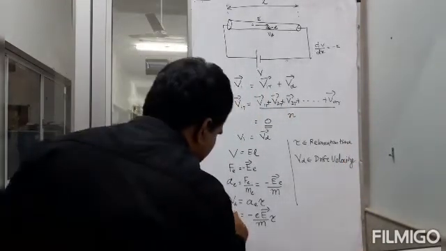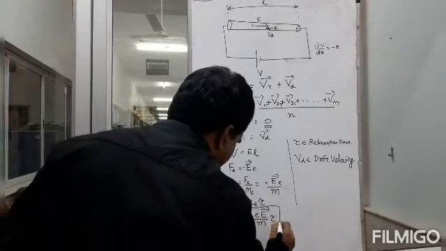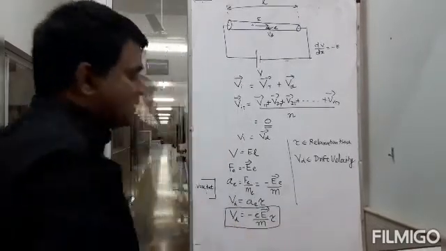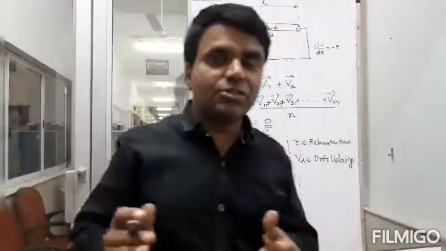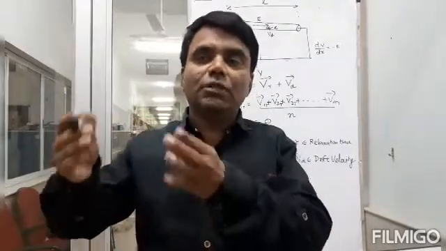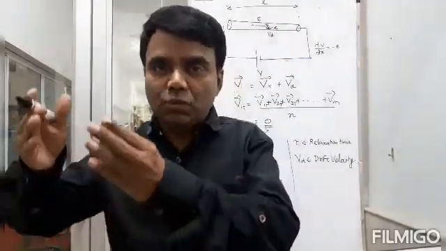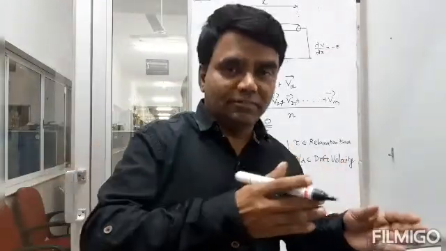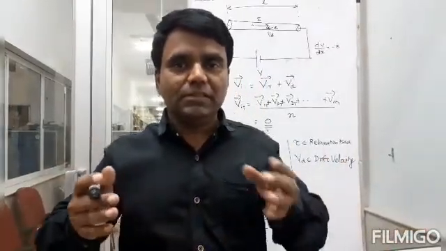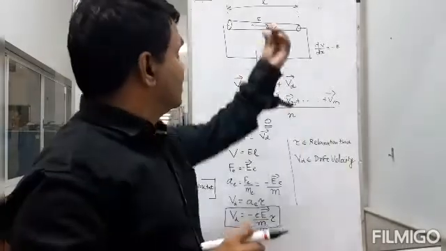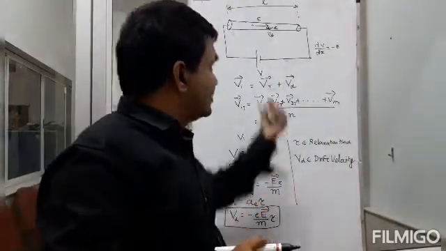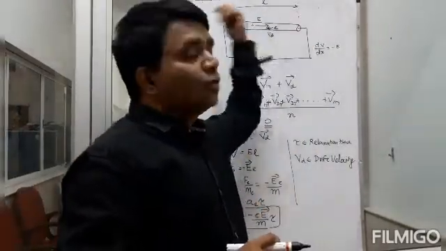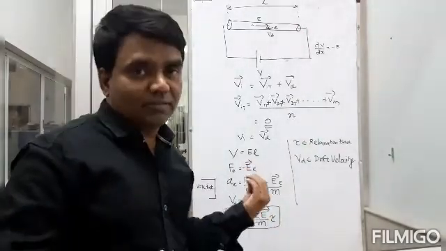Okay. So this is the speed with which the electron will move from one place to the other. It's kind of an average speed with which it will try to go from one end to the other end.